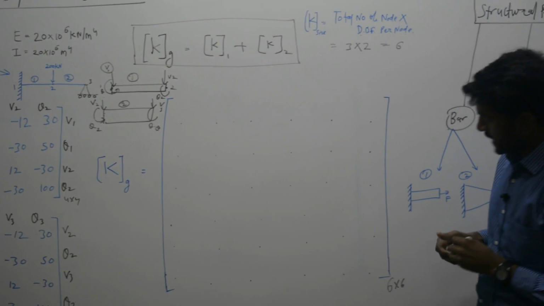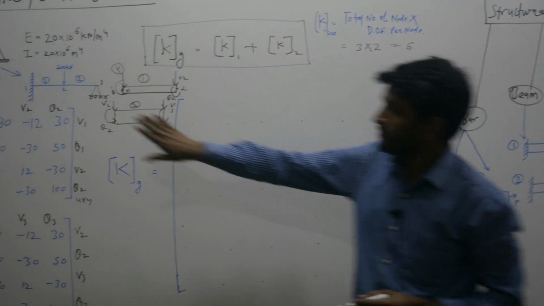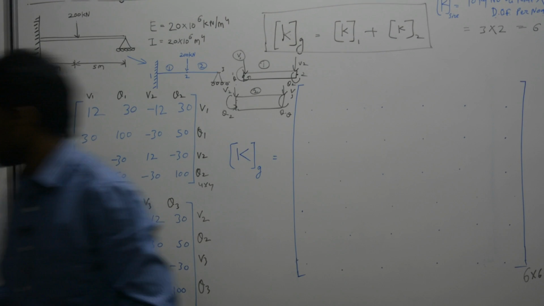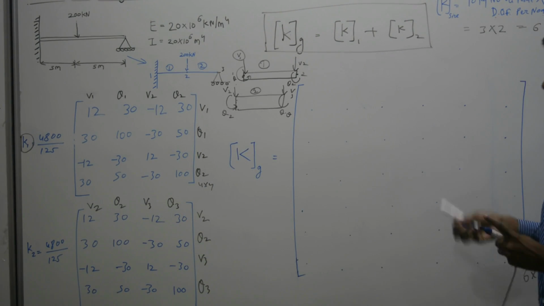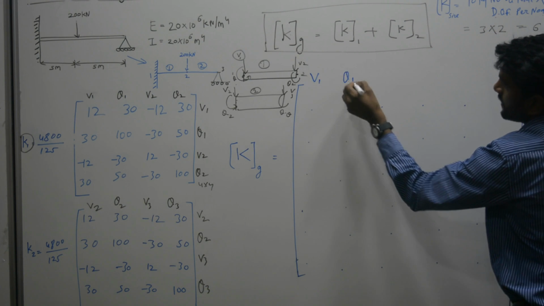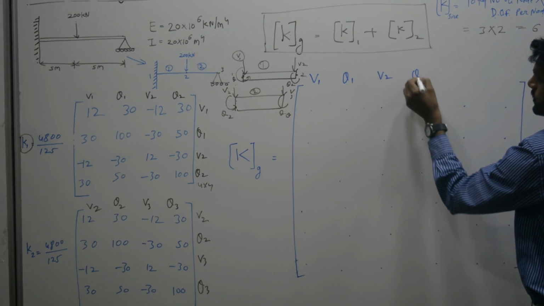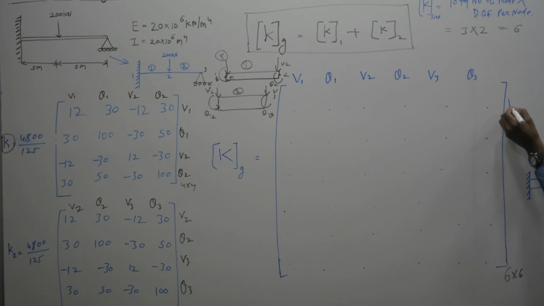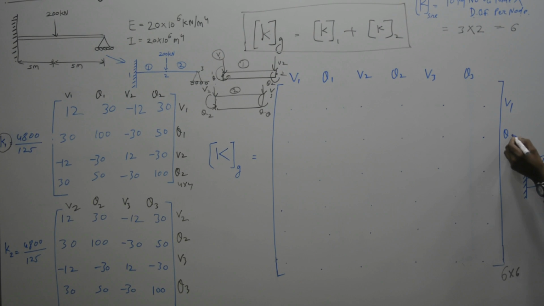Our size will be 6 cross 6. If the size is going to be 6 cross 6, in the same way we are going to specify the numbers. How are we going to specify the numbers? They are very straightforward: V1 theta 1, V2 theta 2, V3 theta 3, then again V1 theta 1, V2 theta 2, V3 theta 3.